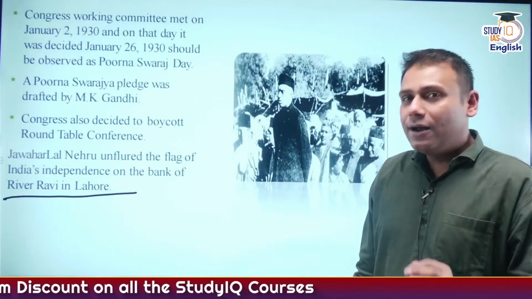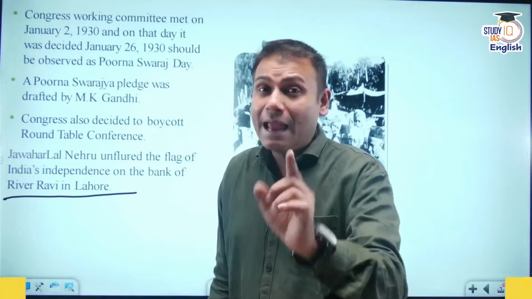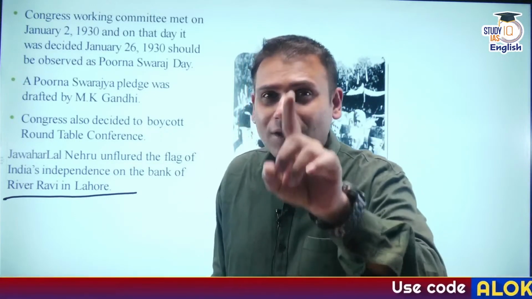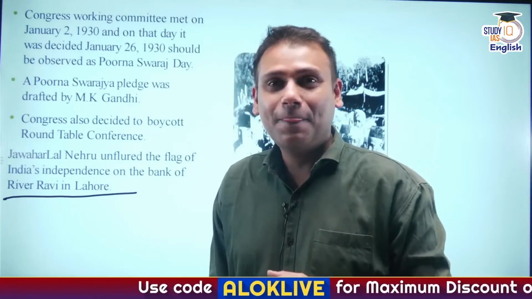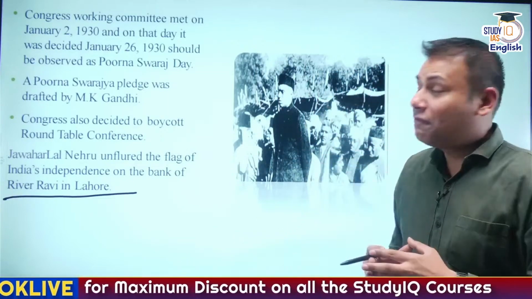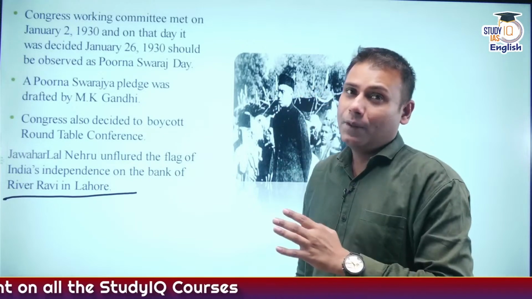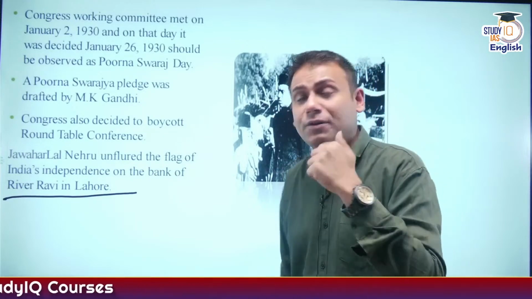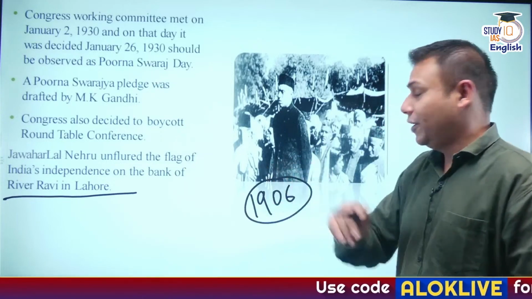So, guys, I have a question for you. For the first time in India, when was the Indian national flag raised? Any idea, guys? Yes. For the first time, the Indian national flag was raised at Parsi Bagan, what we say square, as a part of the Swadeshi movement in 1906 by Surendranath Banerjee.